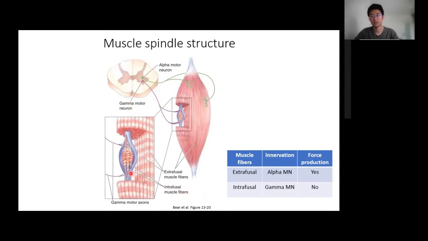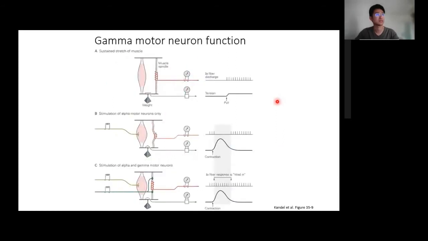And what are the alpha motor neuron and gamma motor neuron doing? Let's see in the next slide. This is about the function of the gamma motor neuron. Let's take an example, an isolated muscle. Here we plot the extrafusal fibers and the intrafusal fibers separately for clarification. When we attach a weight, the muscle is lengthened, and simultaneously the intrafusal muscle fiber is also lengthened.